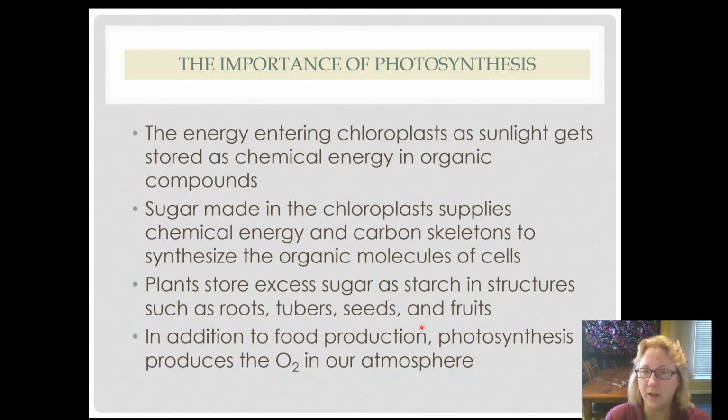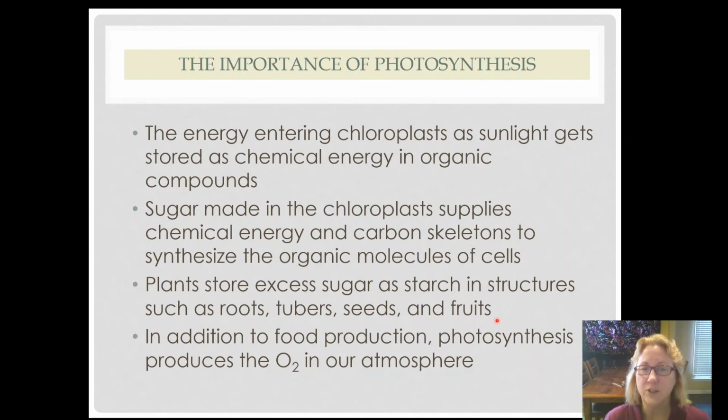There are other things that plants make, obviously, besides sugar. Just like with respiration, where we can use fats and proteins for energy as well as sugars, the same thing is true for plants. Even though G3P is the initial product of photosynthesis, they have mitochondria too, and they can use that as well to make the other building blocks they need to make fatty acids and amino acids.